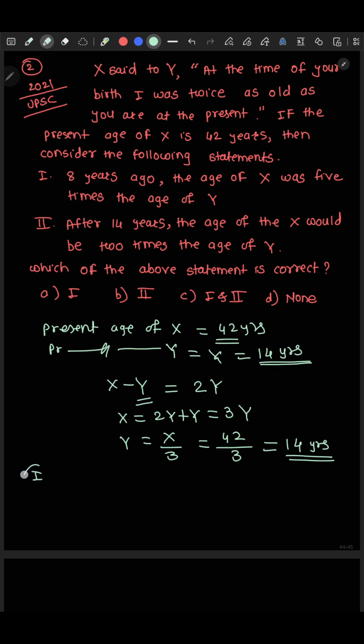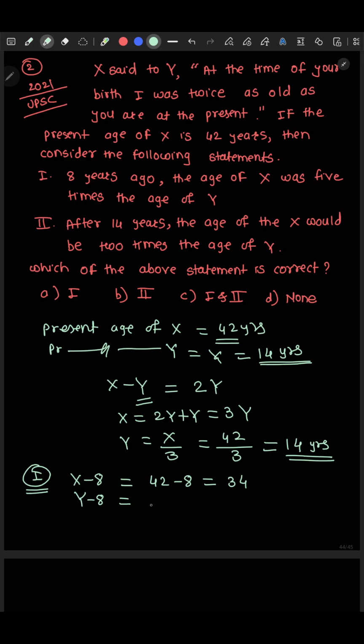So let's look at the first statement. What is the first statement saying? 8 years ago. So 8 years ago means what? X minus 8. So 42 minus 8, and that is equal to 34. Now similarly for Y, what is Y minus 8? Because we are going 8 years ago, right?